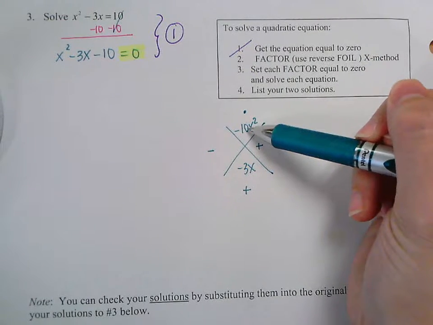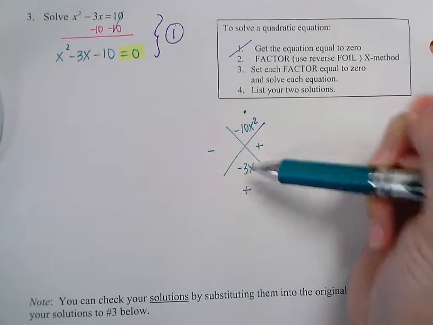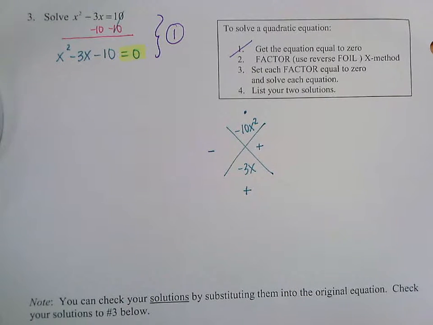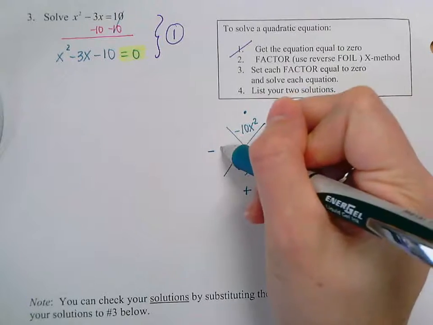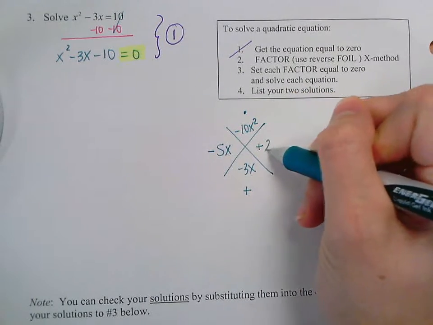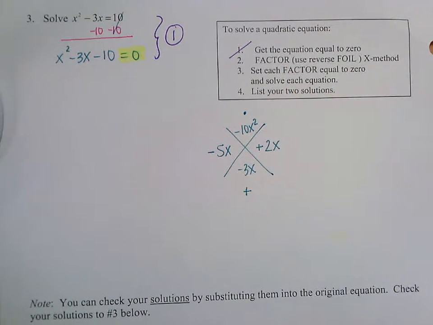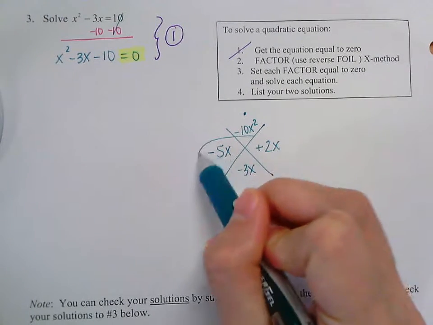So what are two numbers that multiply to negative 10 and add to negative 3? Close. Negative 5x and then positive 2x. Yeah, so Kathy first said negative 2 and 5. Those would add to positive 3. So just by switching the signs, you get negative 3. Okay, so we have those two.